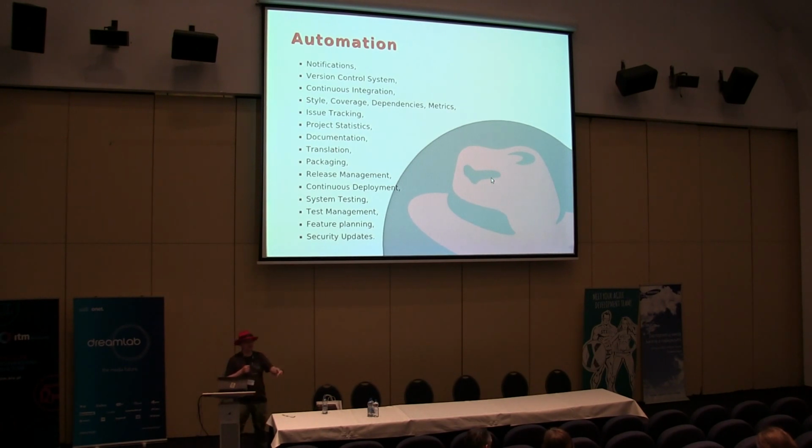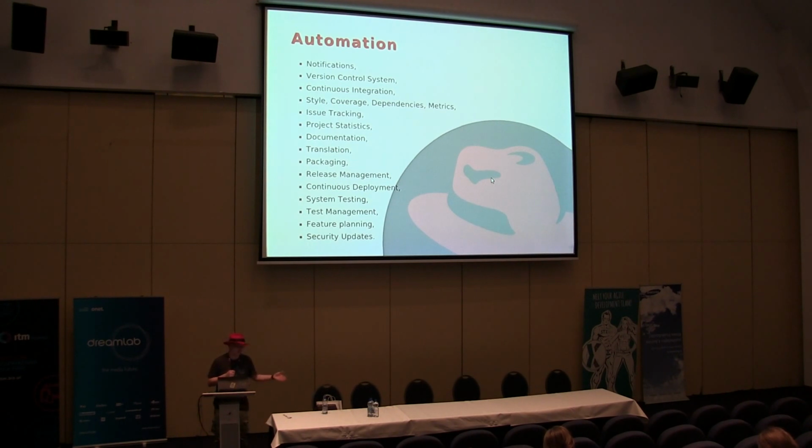Or there is a new patch that someone wants you to review. You also connect with the version control systems, obviously, and let people see previous versions and so on.